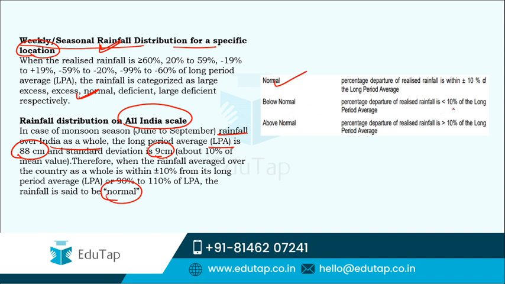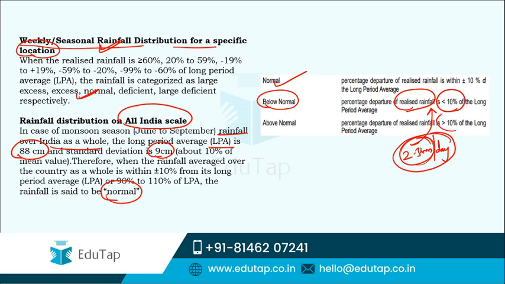If the realized rainfall is less than 10% of the LPA, that is below normal. As we have already seen, rainfall of more than 2.5 mm received per day is considered a rainy day and is used for various calculations. But here, based on the number of days and the amount of rainfall received, if the final rainfall realized is less than 10% of the LPA, that is below normal.